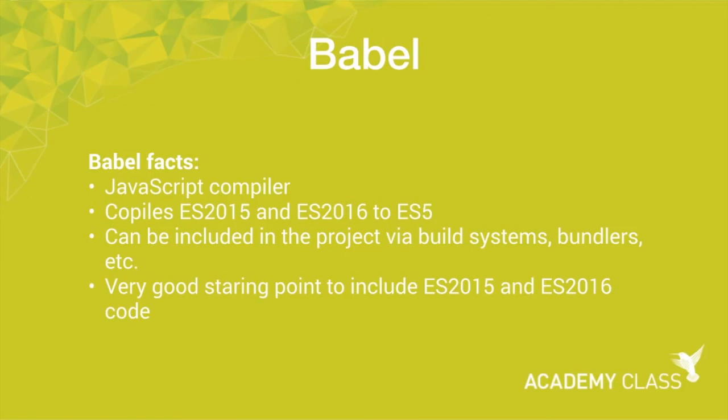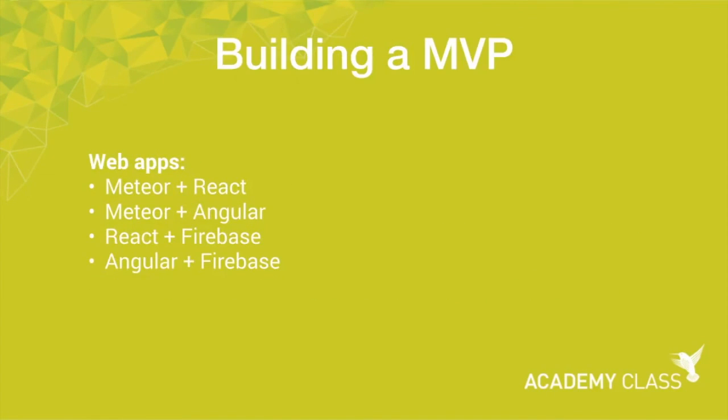It's really easy to include. You can include it using Meteor or other different build systems, bundlers, etc. It's also a very good starting point to learn, and also to start including the new code in your project.